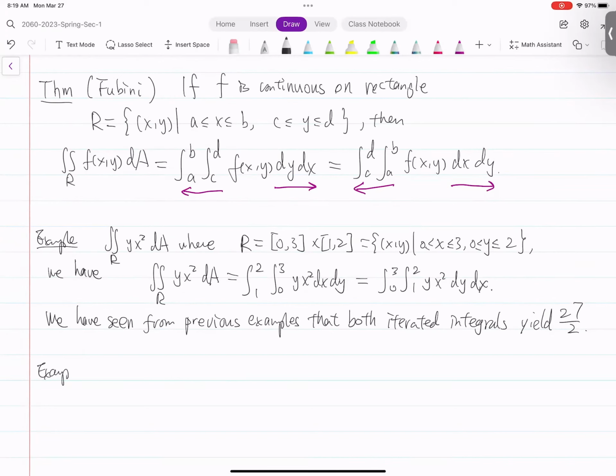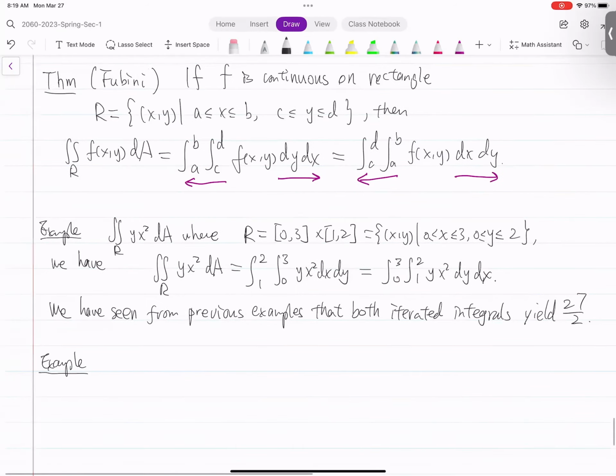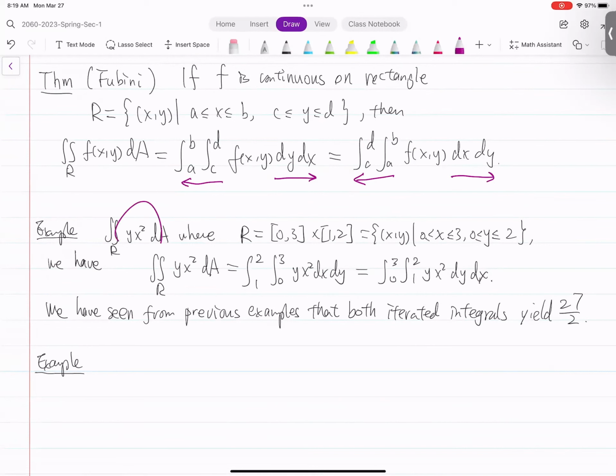Another example. So if you're looking at this kind of polynomial function, it should be relatively straightforward. And then no matter which order of integration, if you look at the previous calculation, it's not so complicated. But now, I'm going to give you a relatively more complicated example, such that the order of calculation actually matters very much.